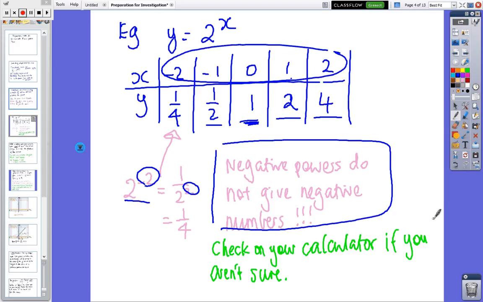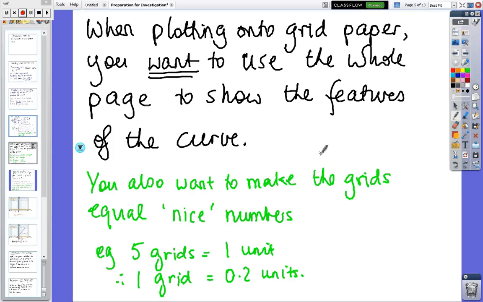So just remember, negative powers do not give negative numbers, they give fractions, because all you're doing is changing it to a positive denominator. Okay, so when we're plotting onto a grid paper, we want to use the whole grid paper to show the features of the curve. And we need to also make the smaller grids nice numbers. So for instance, if 5 grids equals 1 unit, then one grid would be 0.2.